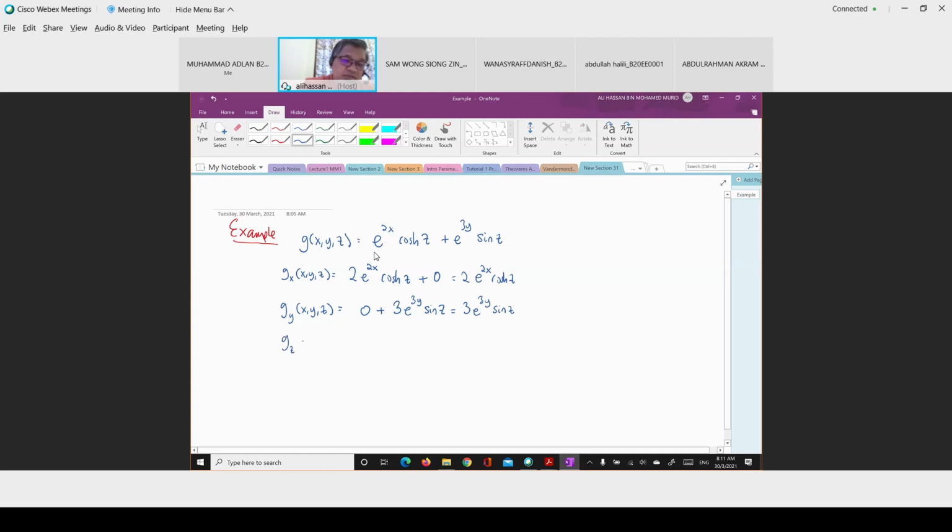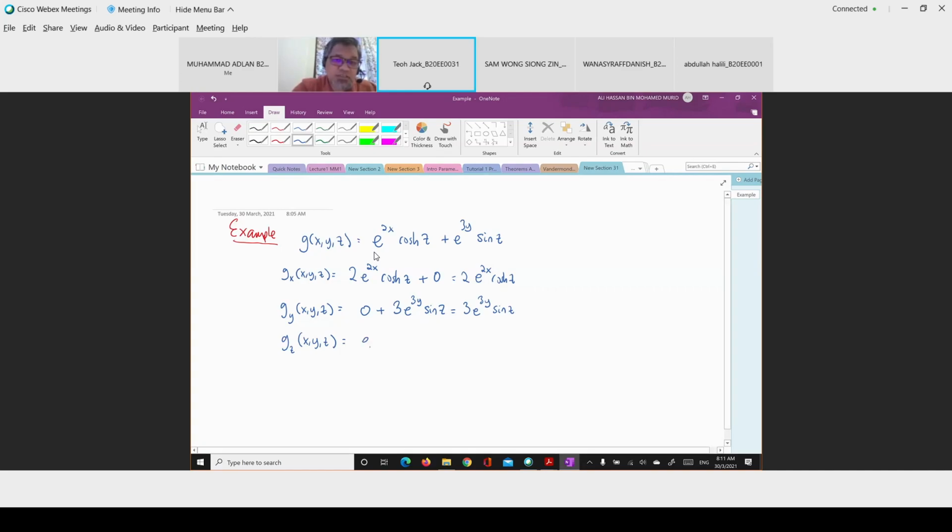A third first partial derivative is g with respect to z. Anybody else who wishes to try? Ashraf, Danish. Yes. Exponential 2x sinh z plus exponential 3y cos z.